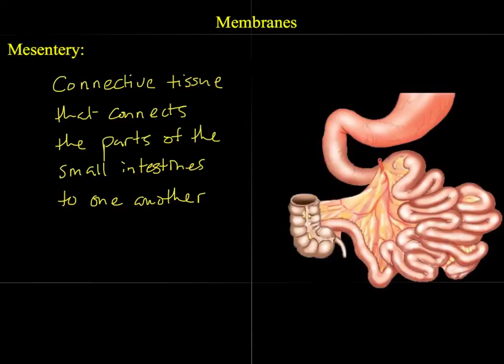You can see that embedded in this mesentery are blood vessels, and these blood vessels will deliver nutrients and oxygen to the different parts of the small intestine.